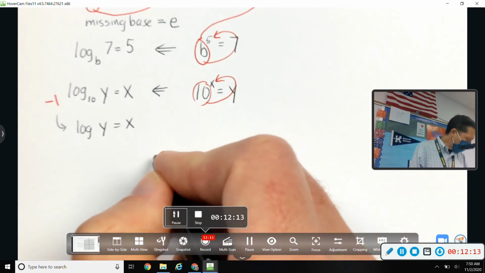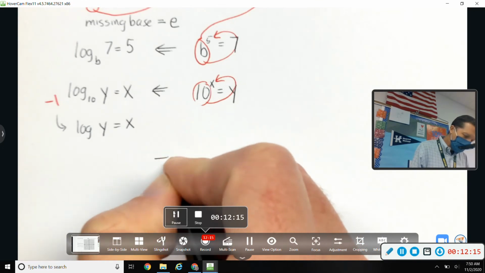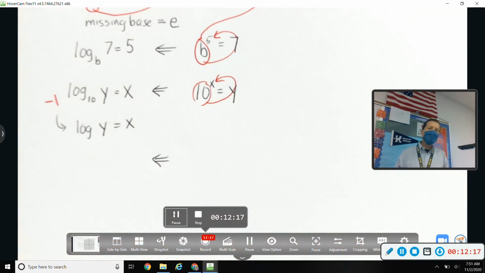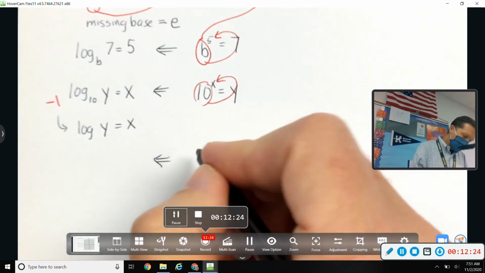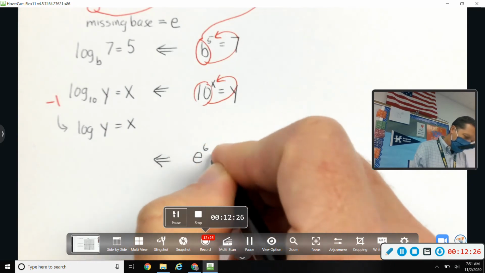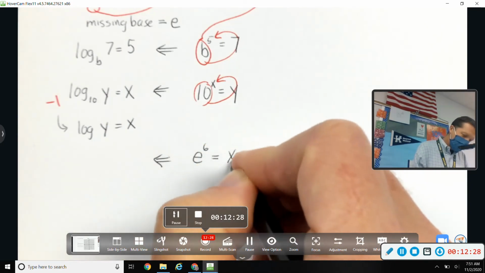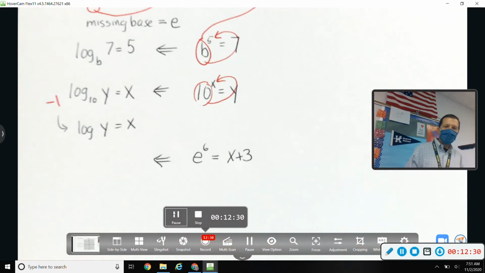Let's do one more of these and then we'll move on. But this is super important for the whole unit. So we got to get this fishhook thing right in either direction. E to the 6 equals x plus 3. So fishhook that one, rewrite it as a log.